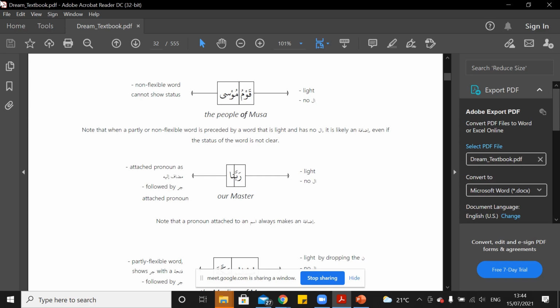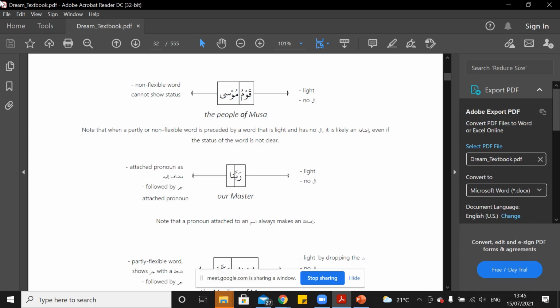So it has an alif maksura at the end. So here it will be qawmu Musa. Musa can be mudaf ilayh. Since Qawmu is matching the status of mudaf, Musa is definitely jar, and we have Qawmu Musa as an Idafah fragment, right?